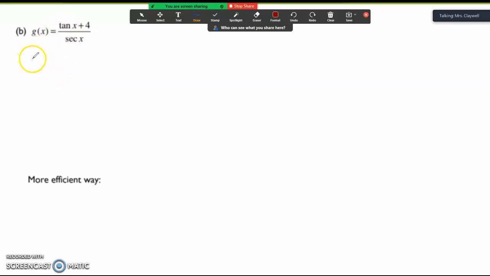This example B, I see that I can take the quotient rule of low d high minus high d low, then we square it down below.